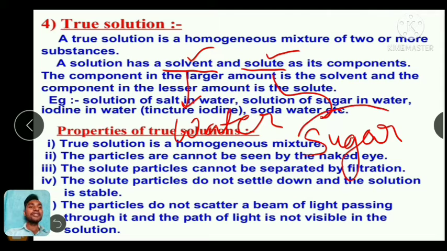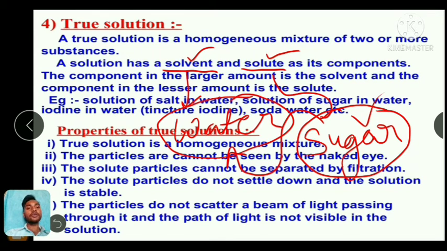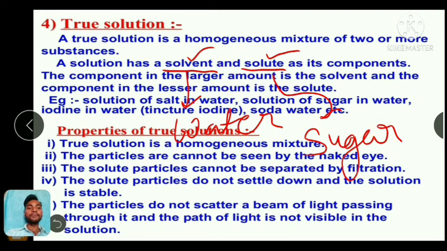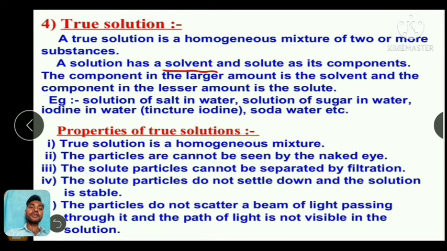The material you are dissolving in water is known as the solute, and what you are dissolving something in is known as the solvent. Okay, got this point?